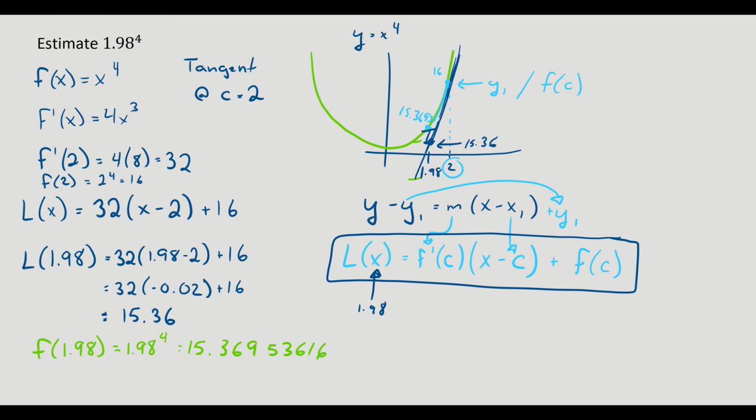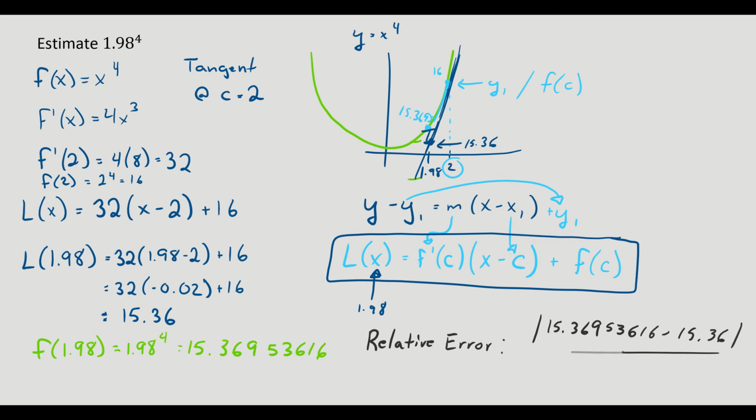And in fact, how close is it? Well, we can look at our relative error. That's that percentage: how much am I off? Relative error is the absolute value of the actual minus the estimated divided by the actual. So 15.36953616 minus 15.36, the absolute value of that divided by the actual, 15.36953616, and then we multiply by 100 to make it a percentage.